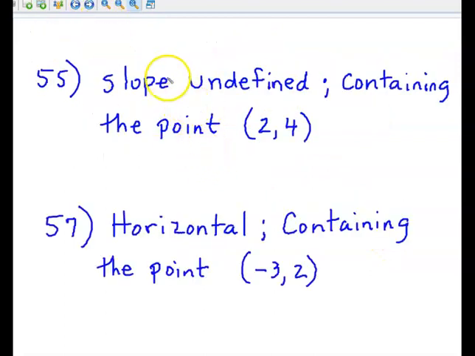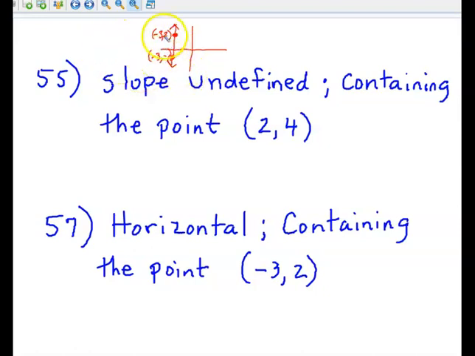A slope being undefined is always going to describe a vertical line. Here's an example. Vertical lines, let's put some ordered pairs here. Let's say this is the point negative 3, 2. And then this would be negative 3, 1, negative 1.